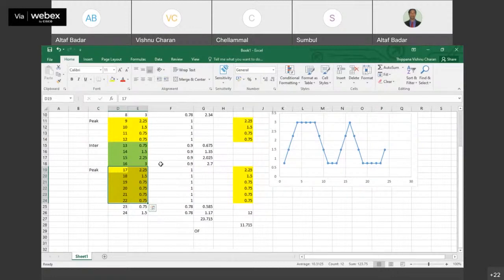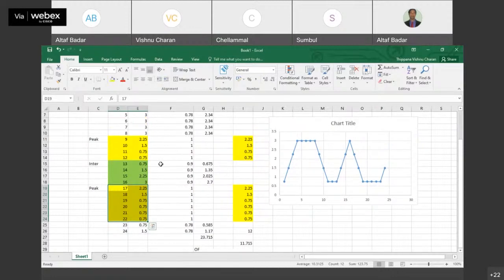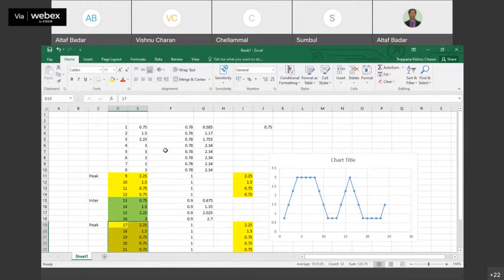So can you explain column G? G is the price I have taken. It's the intermediate price, multiplied with the NEPP price. It's a multiplied one.